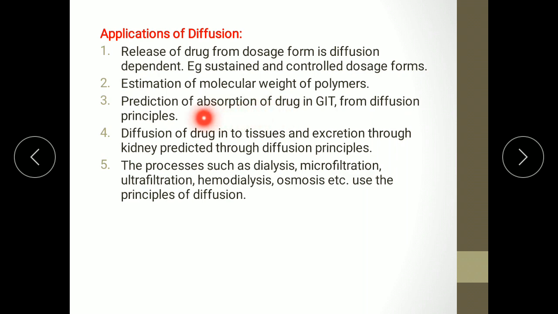The diffusion principle is used to predict the absorption of drug from GIT. Also, the diffusion principle is used to predict the diffusion of drug in tissues and excretion through the kidneys. It is also used in processes such as dialysis, microfiltration, ultrafiltration, hemodialysis, osmosis, etc.